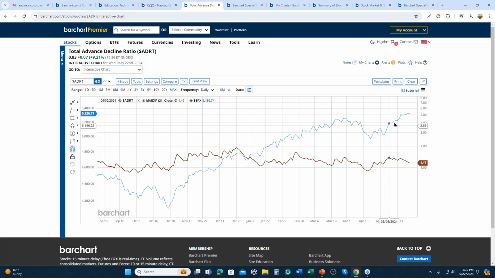So that might put into question this rally that we're having, especially because we're making new highs in the S&P. We would really like to see this advance decline trending higher, right? So this would be a divergence: rising stock prices, falling breadth indicator.